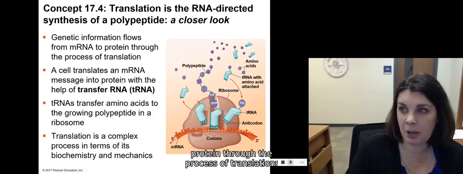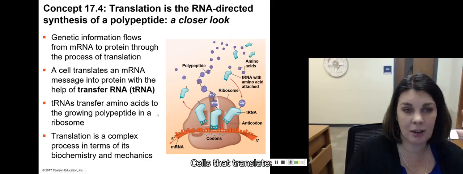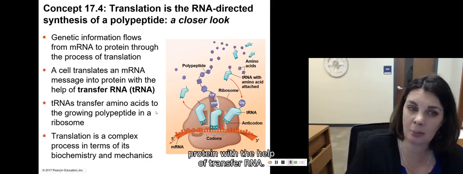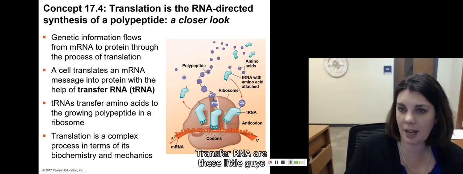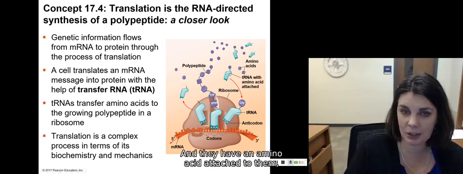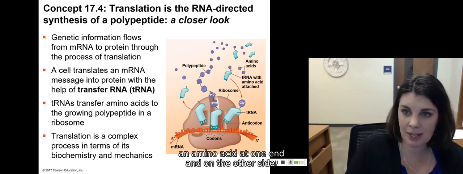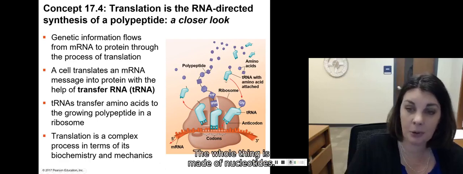Genetic information flows from RNA to protein through the process of translation. A cell translates RNA into a protein with the help of transfer RNA. Transfer RNAs are these little guys that kind of look like inhalers to me, and they have an amino acid attached to them. They have an amino acid at one end, and on the other side, they have 3 RNA nucleotides.